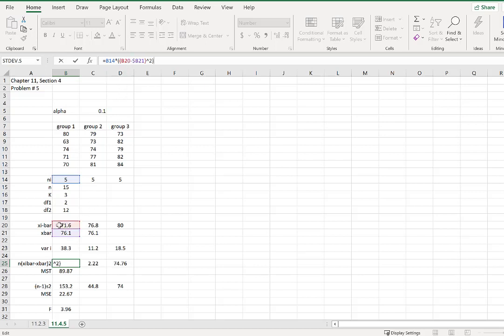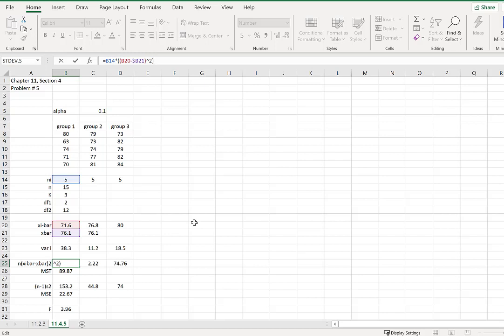I'm going to subtract from that the overall x bar. In this case, I put the dollar sign in front of the B because it's always going to be in column B, so even if I copy the formula over, it's still going to take stuff from there. So I'm taking the mean of the first group, subtracting from that the overall mean. Then I'm going to square that, so that's caret 2, and then multiply that by the n. That gives me the first term in the MST for group 1.